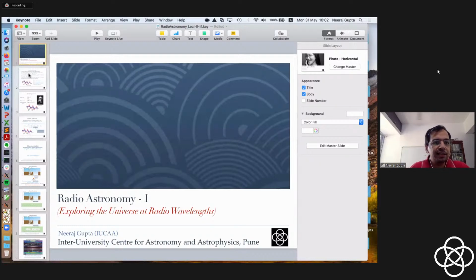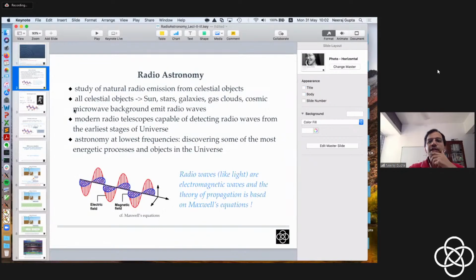So let us start. So what is radio astronomy? Radio astronomy is basically the study of natural radio emission which comes from celestial objects, right? So all the celestial objects that we know of, starting from the sun, then stars, and in general, we can also talk about galaxies, and even cold gas clouds in galaxies, and cosmic microwave background radiation.